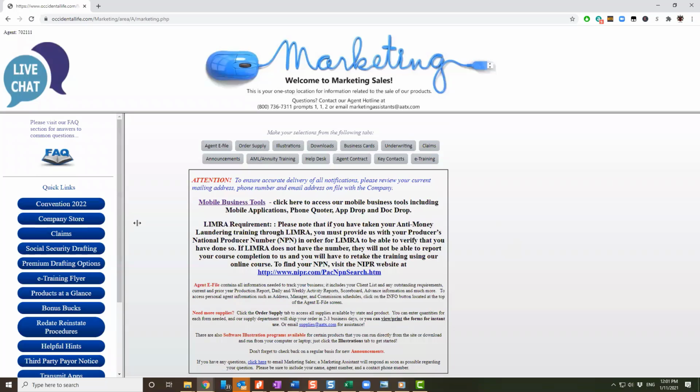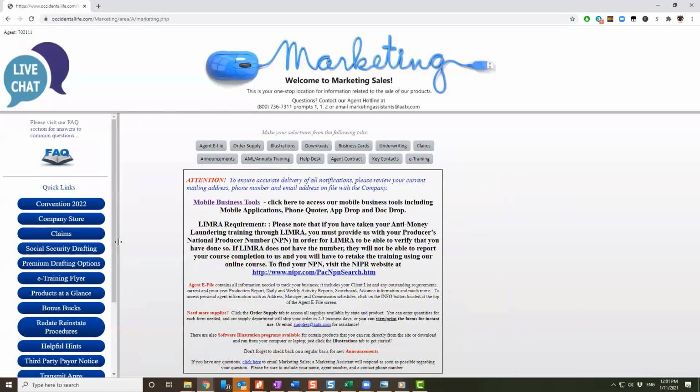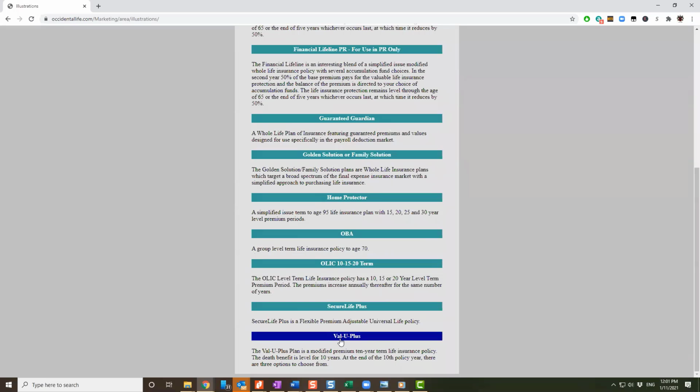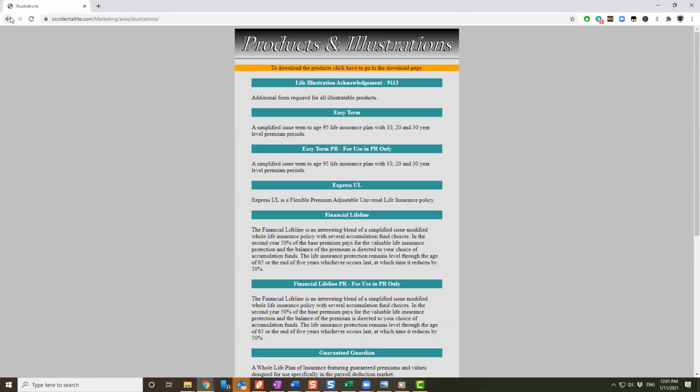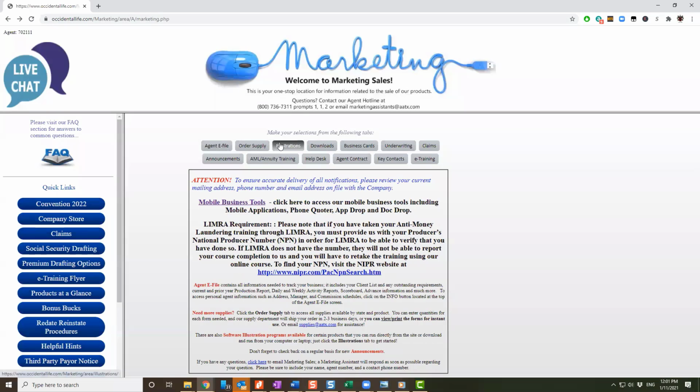Now we go to the portal over here, and you're going to have access to this same portal. Okay. And you can run illustrations. You can download the illustration to your computer or laptop or tablet, or you can do them here.